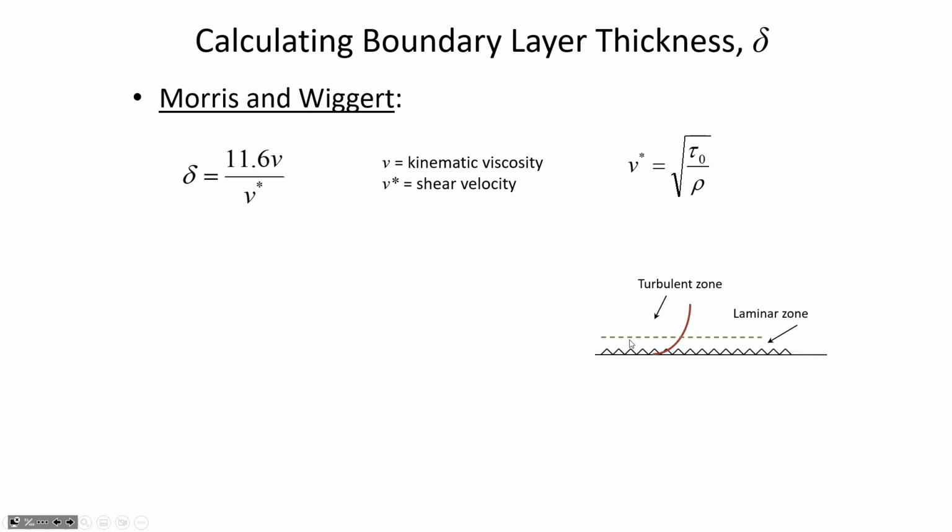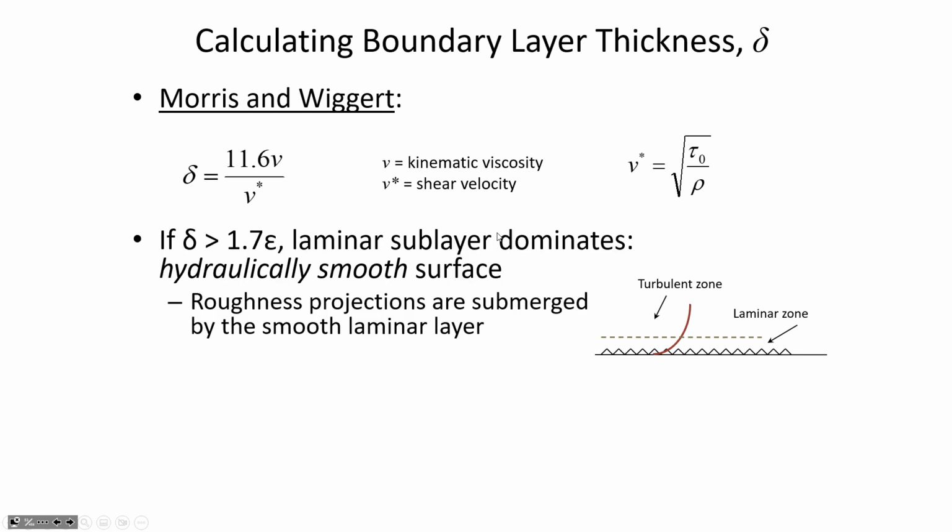They look like little mountains sticking into the water if we zoom in close enough. And then the laminar zone is how thick the water is still Reynolds number 2000 or less. Now, what Morris and Wiggert suggested was that if the boundary layer is more than 1.7 times the equivalent sand roughness of the material, then it's considered a hydraulically smooth surface because the laminar sublayer is so much thicker than the height of those roughness elements that they don't project out into the turbulent flow.